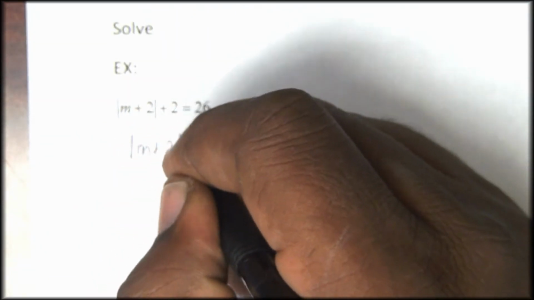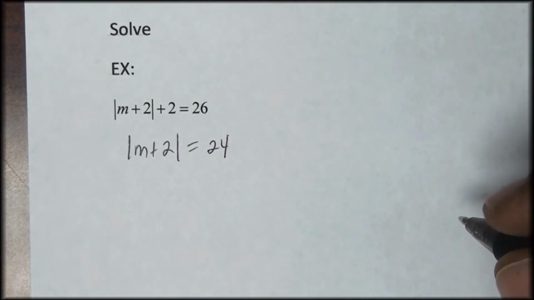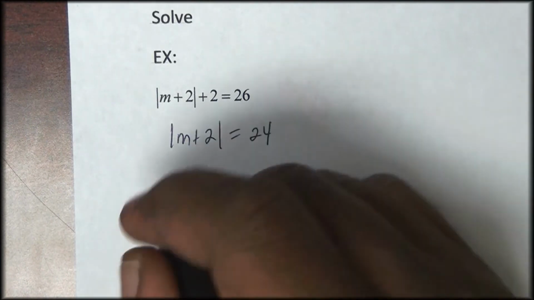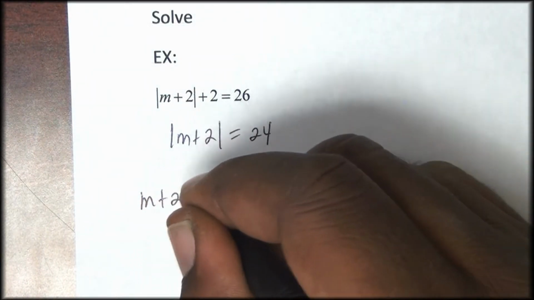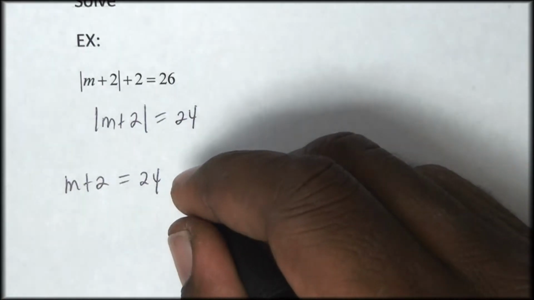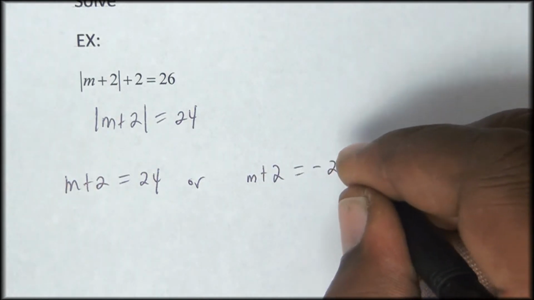So we have the absolute value of m plus 2 is equal to 24. Now we'll use our formula and we'll drop the absolute value. We'll set it equal to a positive, or we'll drop our absolute value and set it equal to a negative.